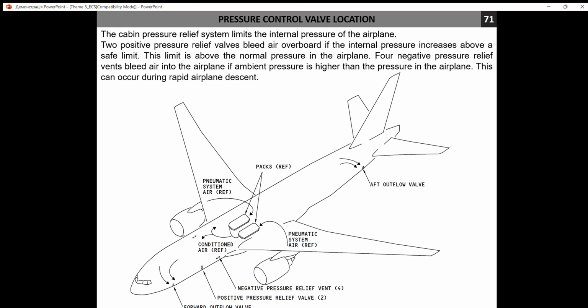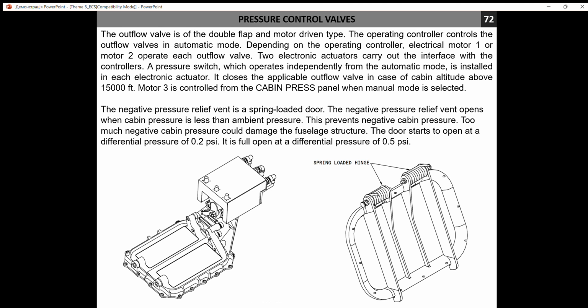Pressure control valve. We have a few of them. On the Boeing 777 you may see the forward and aft outflow valves. Also you may notice the positions for the negative pressure relief valve and positive pressure relief valve. What is the principle of operation?